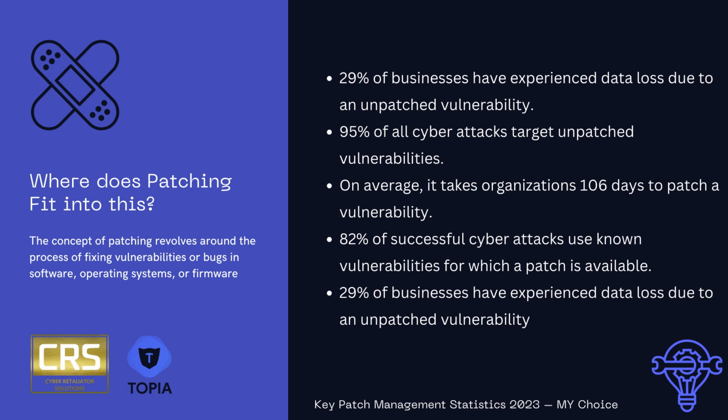On average, it takes an organization around 106 days to patch a vulnerability, which is a third of the year, so it just goes to show how extensive that problem tends to be. 82% of successful cyber attacks use known vulnerabilities for which a patch is available. And finally, 29% of businesses experience data loss due to an unpatched vulnerability.